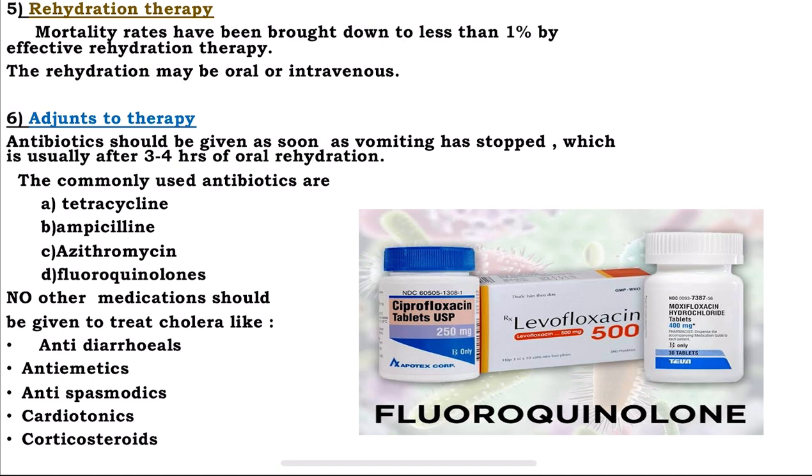Only an antibiotic like tetracycline, ampicillin, azithromycin, or fluoroquinolones can be given, out of which we have ciproflox and norflox. They are the most widely used in cholera. They are widely used in cases of Vibrio cholerae O1 and O139. They are used to combat this Vibrio cholerae disease. Most importantly, out of the fluoroquinolones we have ciproflox and norflox.